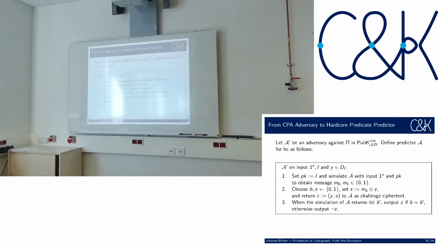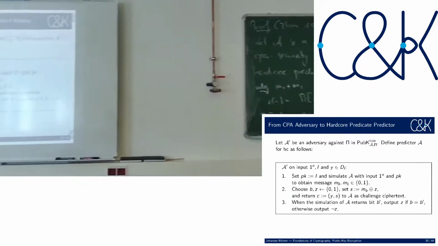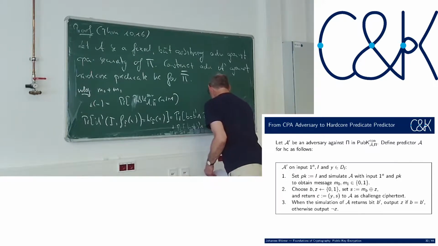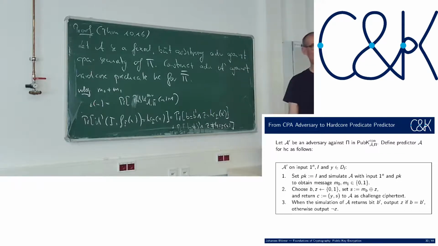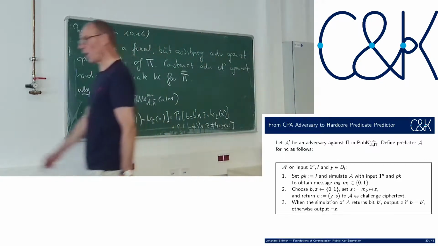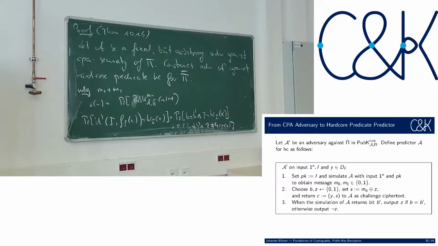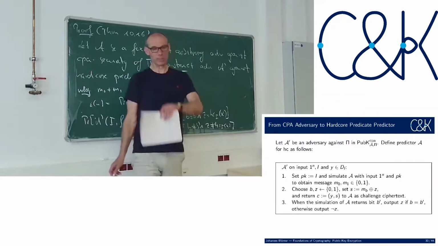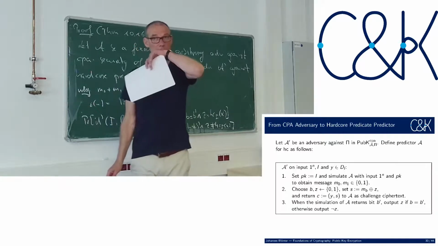The other case is the probability that B is not equal to B prime and Z is not equal to HC_I of X. In this case, we also output the right thing, because in that case we output the negation of Z, which is the same as saying it's not HC_I of X because they are bits. Right?